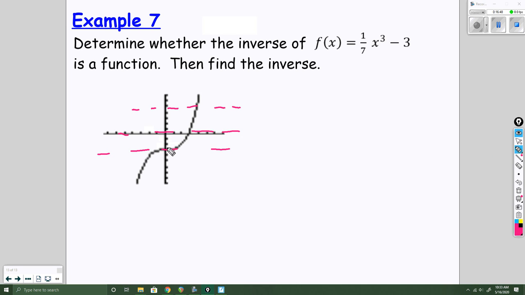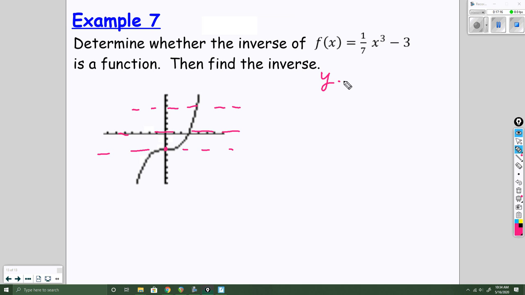Even right here, it looks like a straight line, but that's just because this picture is very highly pixelated. So there is only one intersection point right there. If we would zoom in on that graph, we could see that this is still a curve here. So now we're going to find that inverse.